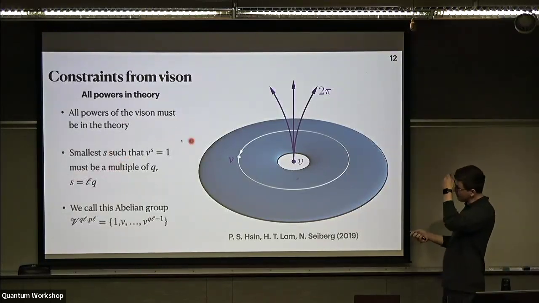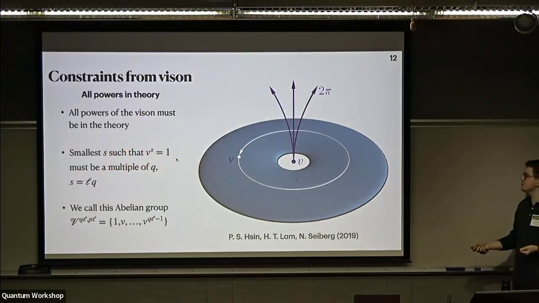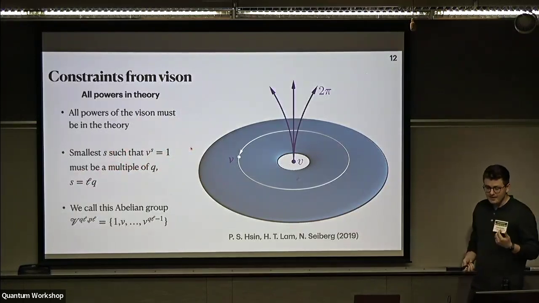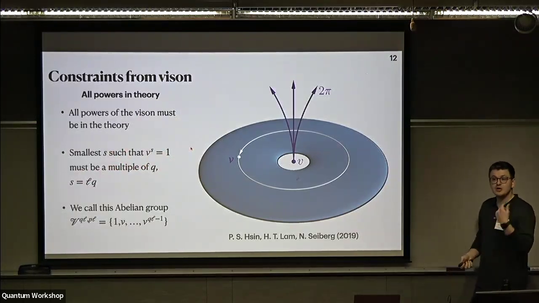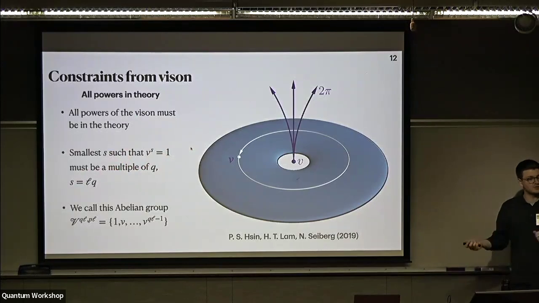But this bosonic, whatever is equivalent to a local bosonic excitation, which is what 1 means in my anyon theory, should have an integer charge. And we know the vison has charge P over Q, so I'll need at least Q copies, and it'll need to be a multiple of Q if it's more.